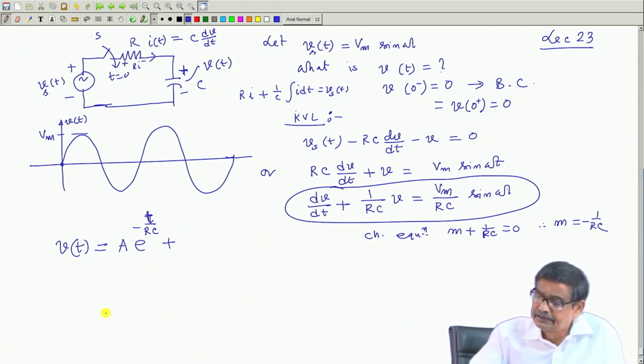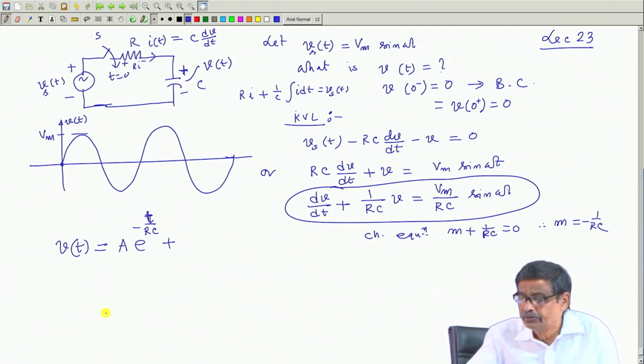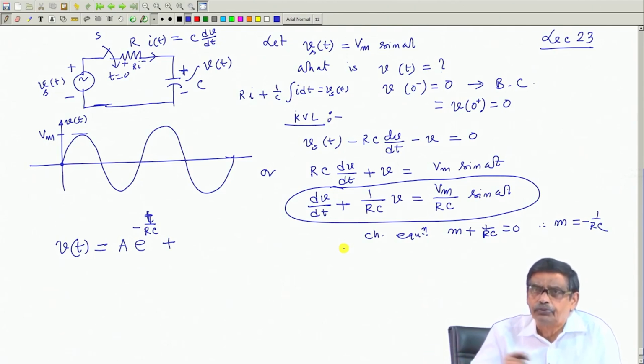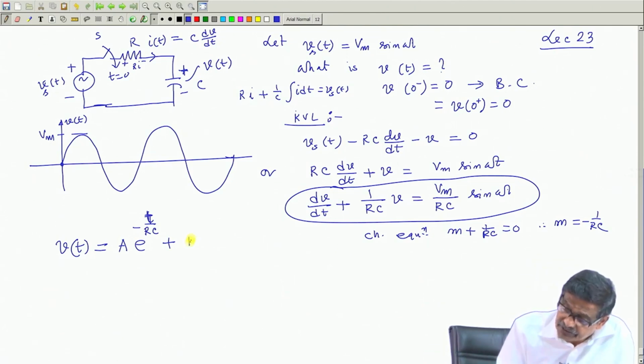Once again it is a sin omega t term, so k1 sin omega t plus its higher order derivatives. The higher order derivatives will only yield sine and cosine terms, so you group all sine terms together into a big constant k1 sin omega t, plus k2 cos omega t.